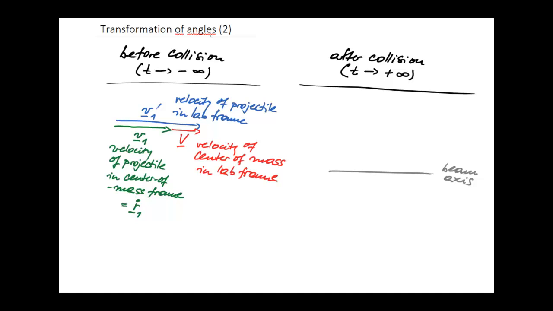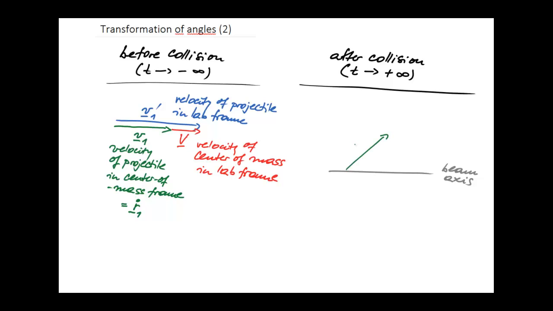So it must still be true that v1 primed vector is equal to v1 plus capital V. Only that these vectors are now no longer parallel to the beam axis, but they are tilted with some angle with respect to the beam axis.